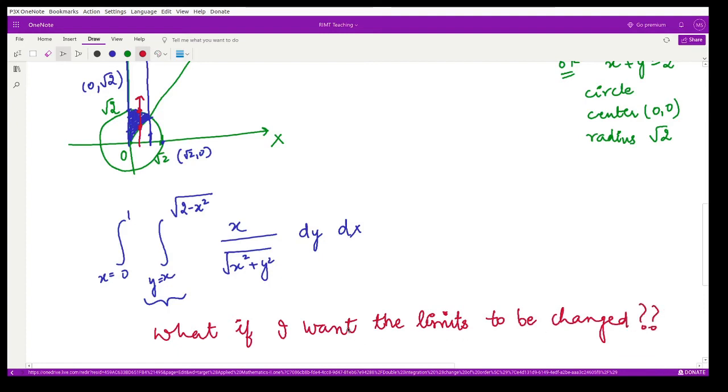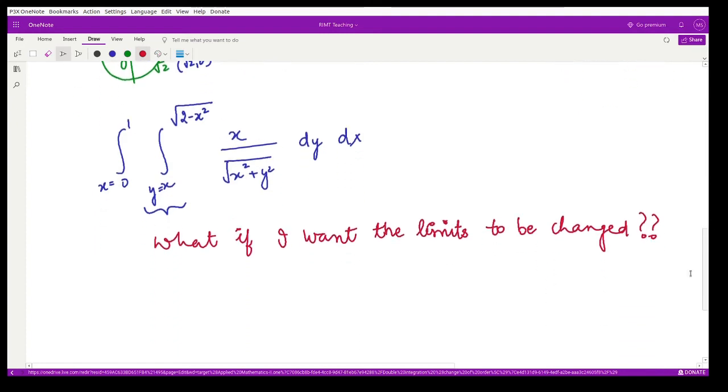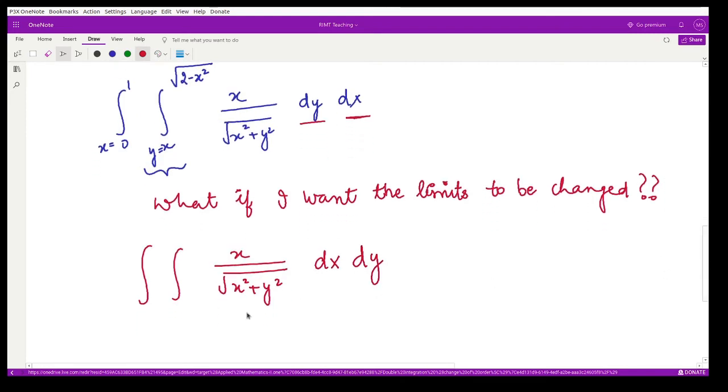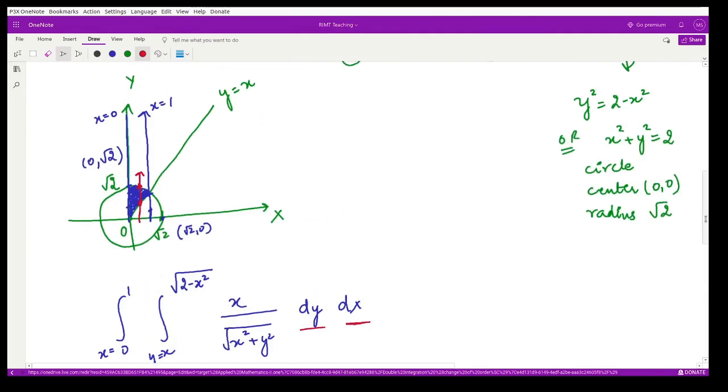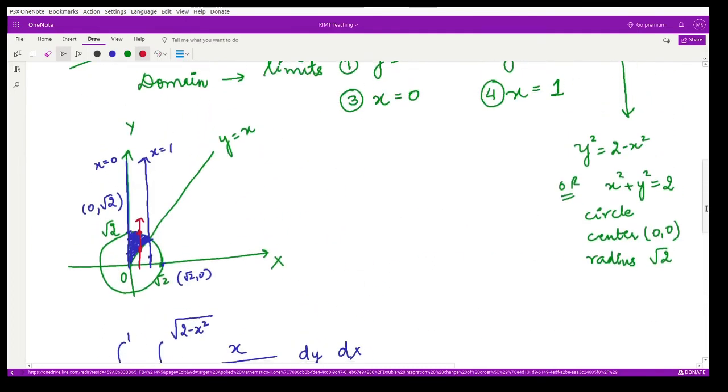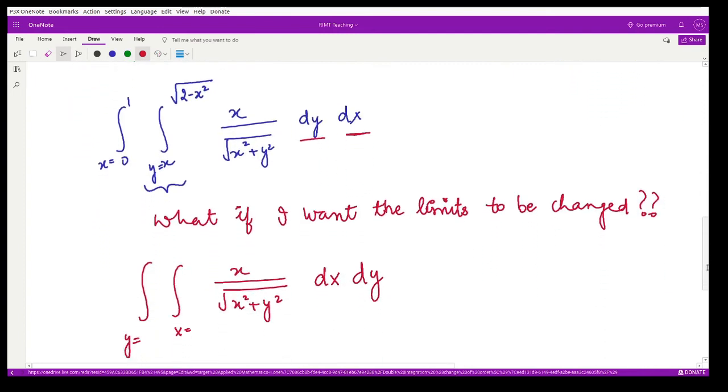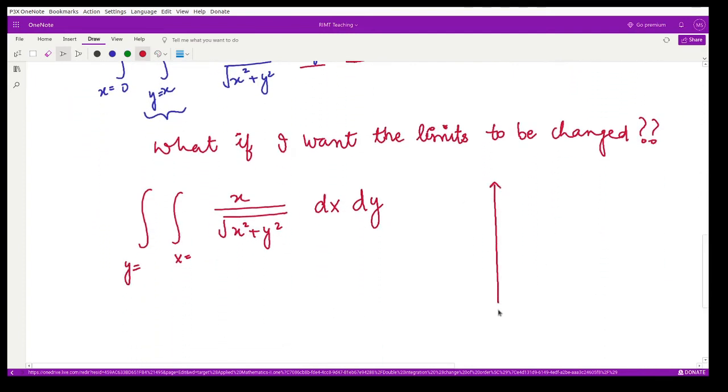That means I'm looking for the integral where the function remains the same, there is no change in this function, but the order of x and y changes. So you have to write the limits of x here and the limits of y here. The region would be the same, obviously, but now the direction of the vertical line would change into the direction of a horizontal line.